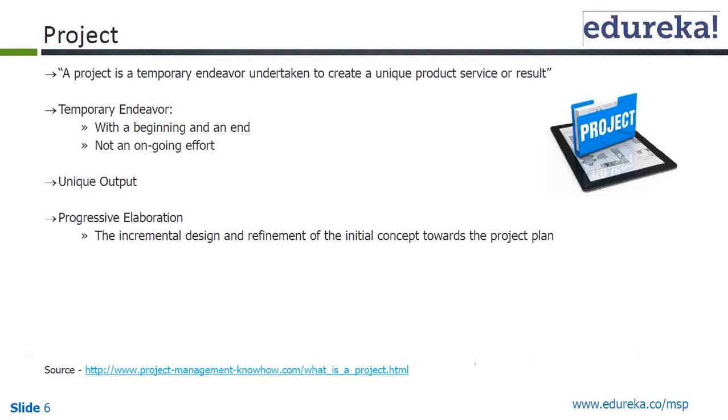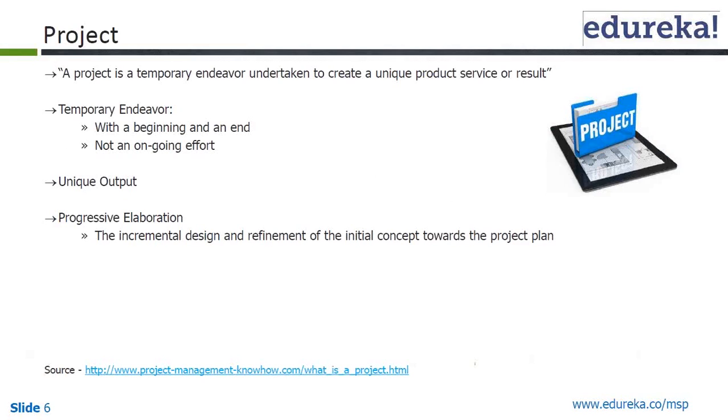So what is unique? I always give one example. Let's say you have a manufacturing factory, and in that you are manufacturing a car or a pen or anything else, and that is having all the similar characteristics, right?